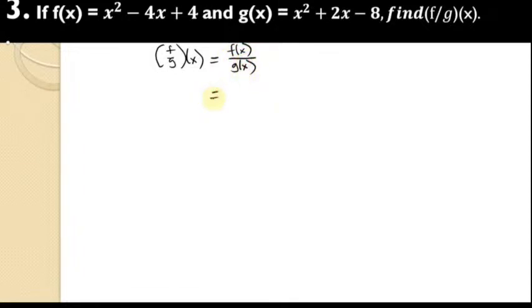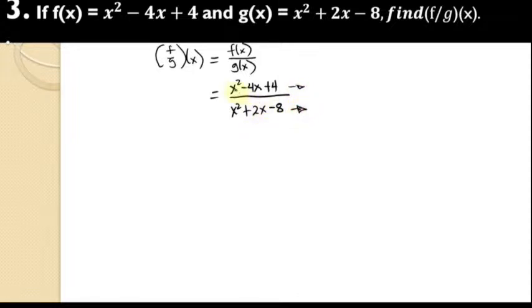Then substitute natin. So ang value ng f of x is x squared minus 4x plus 4 over x squared plus 2x minus 8.